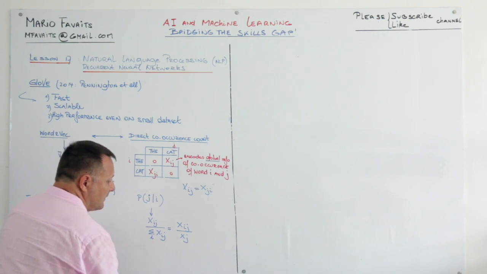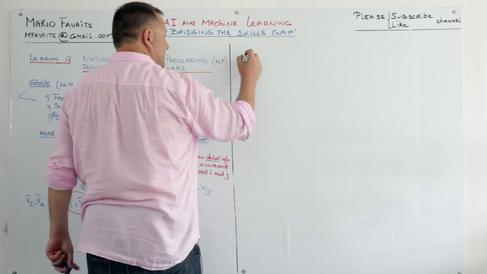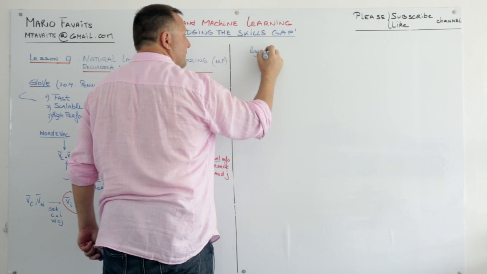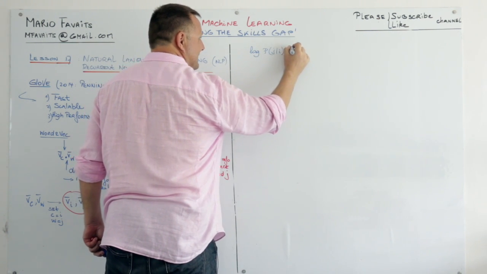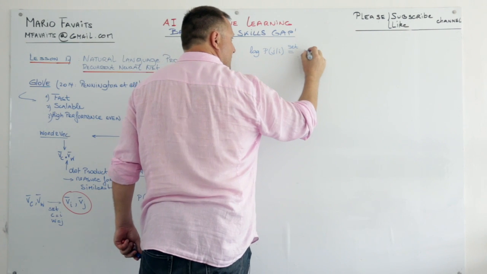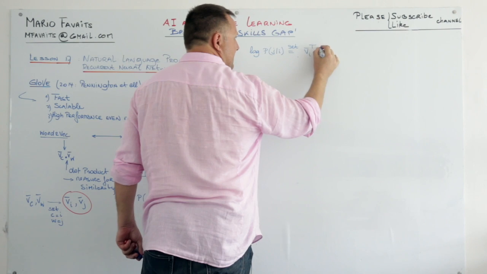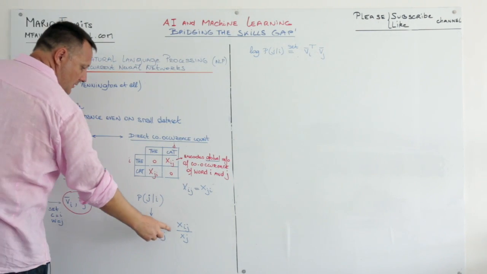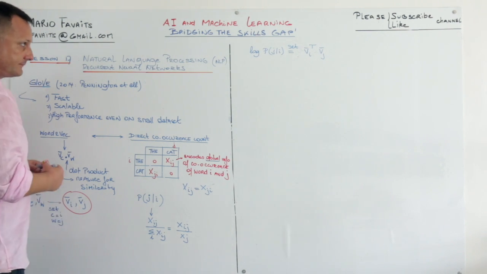Alright? So what we're going to do now is we're going to take the log of the probability of j given i, and we're going to set that to Vi transpose Vj. Yeah? So we're going to set the log of this thing equal to that.